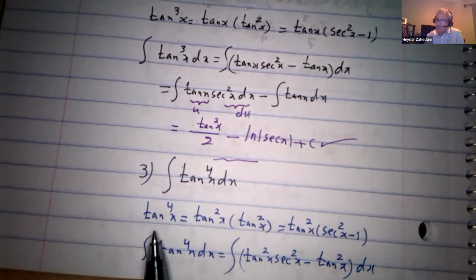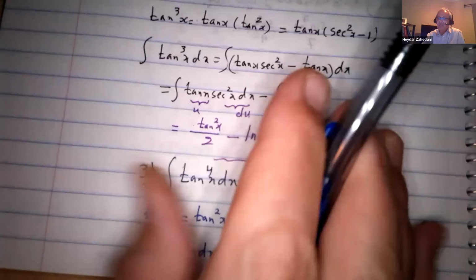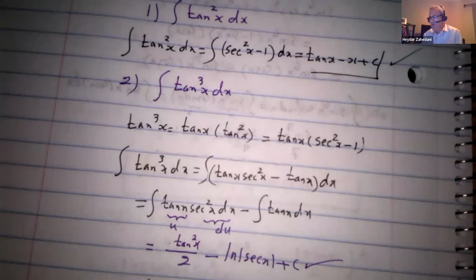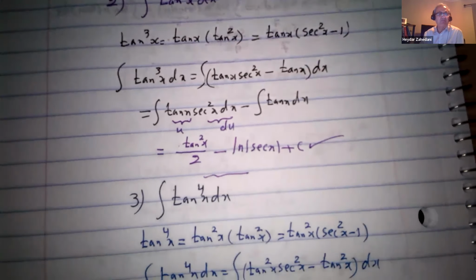Okay, so that's it for any power of the tangent. You break one tangent square out, and that would be changed to the secant square minus 1. That will help you. Now you distribute. You take u to be tangent, your du is secant square, so that gives u cube over 3. Tangent square, you have to go back and repeat it again. You see, we already did this one. It's always the case, it's going down 2 powers. You cannot find it right away.